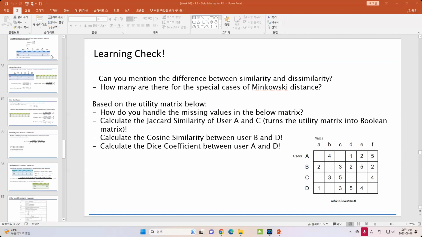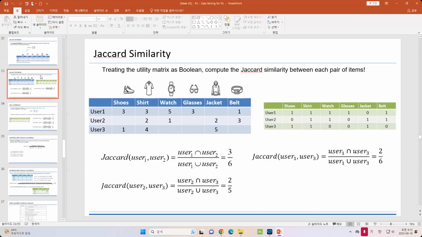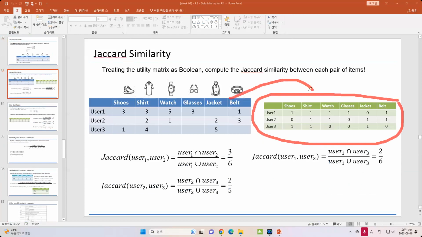Okay, let's start with the Jaccard. Using the Jaccard similarity, if we have this utility matrix, what we are going to do is change this utility matrix into Boolean.